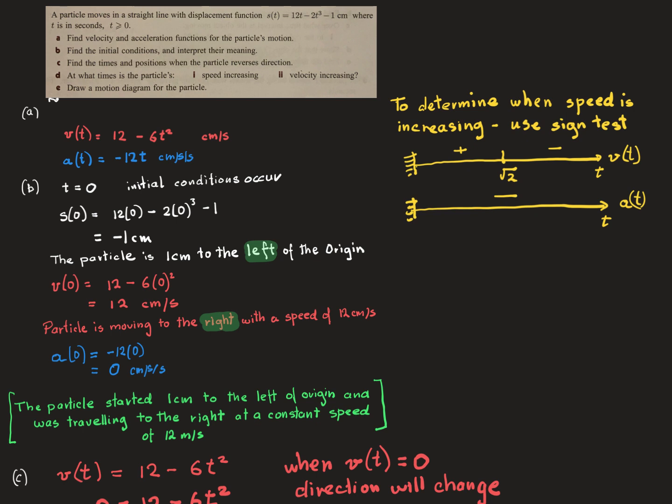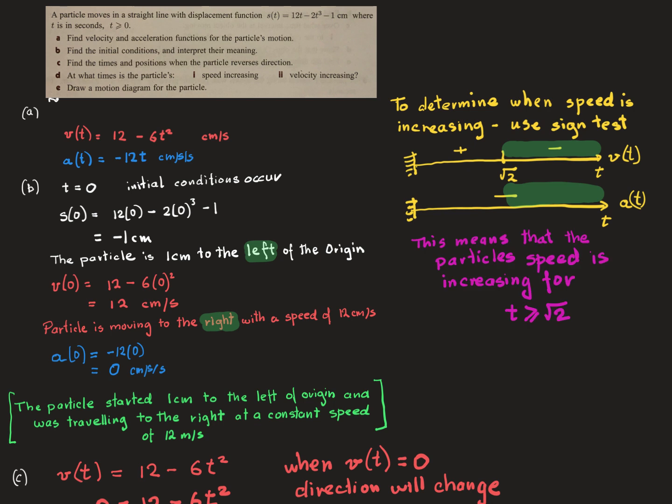And the definition of a particle that its speed is increasing says that its sign diagrams must be both positive or both negative. Where does this happen? It only happens when the velocity is negative and the acceleration is negative. Well, this means that the particle speed is increasing at time greater than root 2.